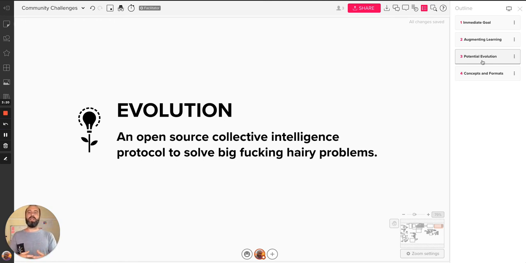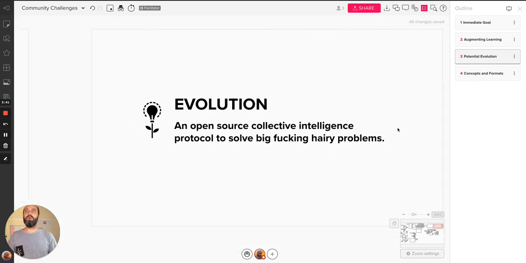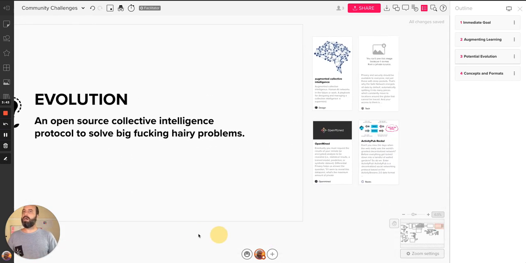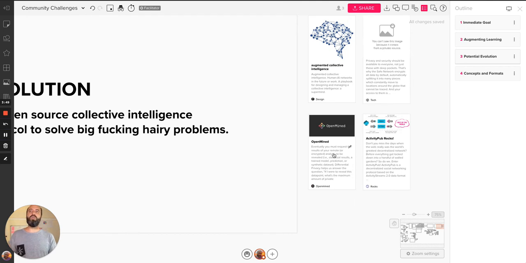So developing a federated or a decentralized protocol that enables collaboration platforms to build on and use this protocol and share all the data and insights and wisdom that comes from the collective intelligence of people, and even augment it with machine learning. Some ideas around that: privacy-preserving machine learning from OpenMind could be incorporated into this.